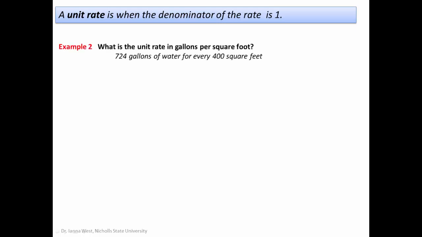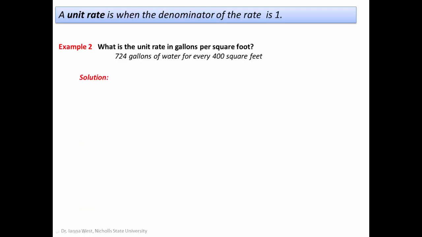We will now look at what is known as unit rate. This is when the denominator of the rate is 1. For our example, we will determine the unit rate in gallons per square foot of the ratio 724 gallons of water for every 400 square feet.